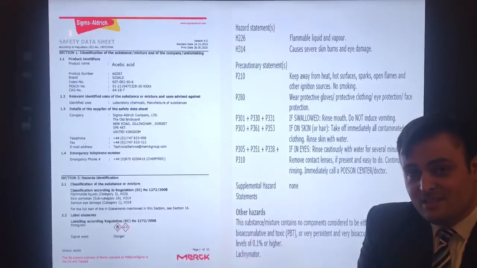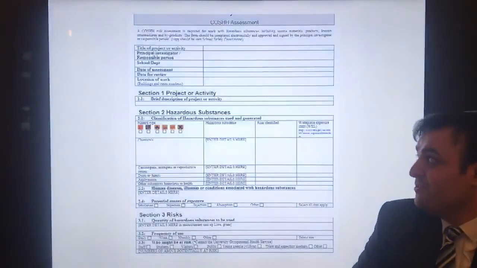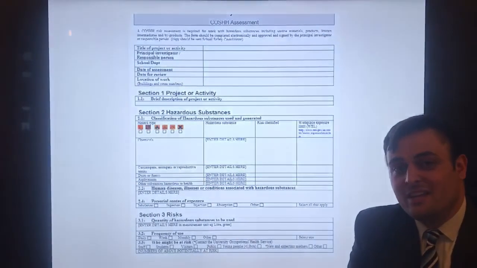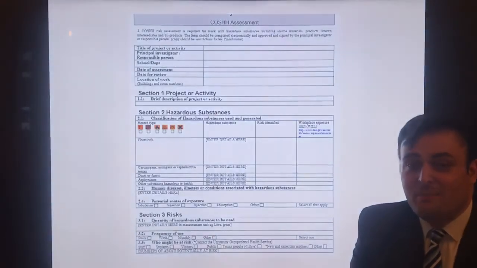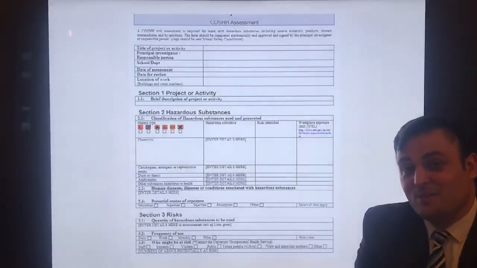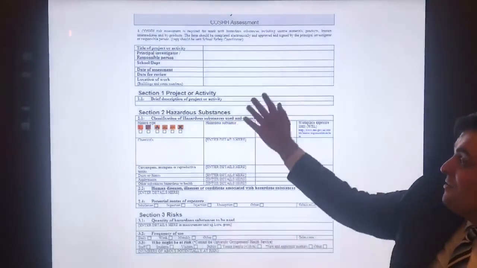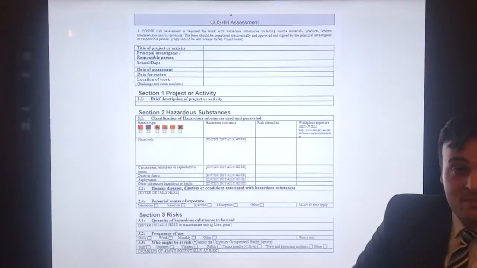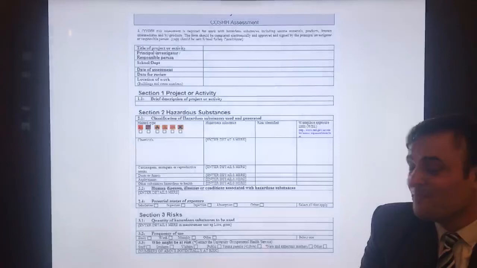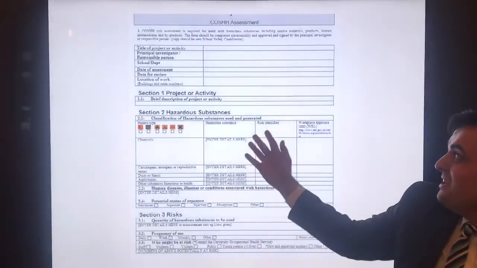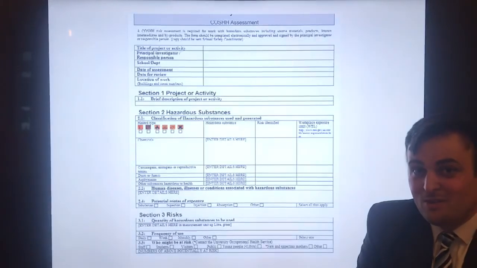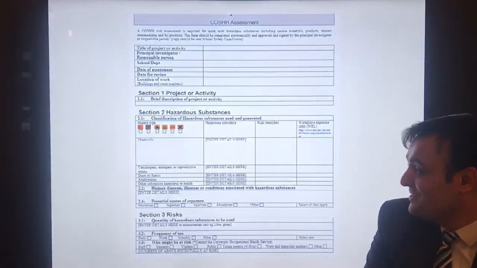Also, each student is responsible to fill in the COSHH risk assessment. I'll provide a laptop on your table, so you need to go back to your table, go to the Sigma website, fill in this risk assessment form, and then hand it back to me. Once you fill in this form, after 10 minutes, you can start your experiments as a group.